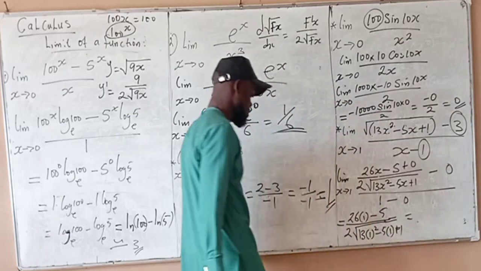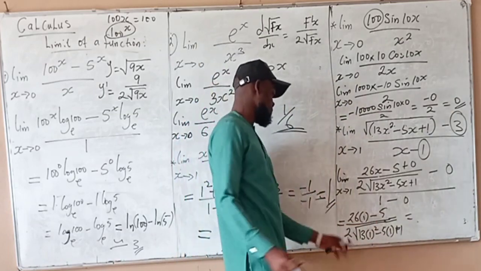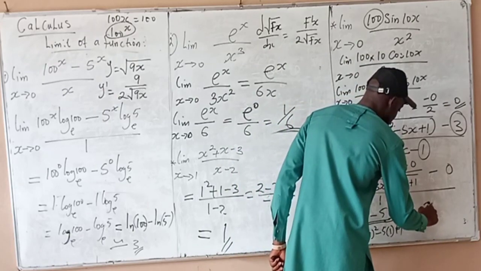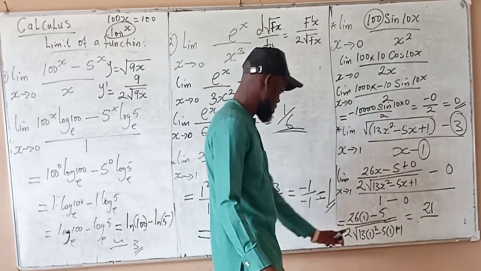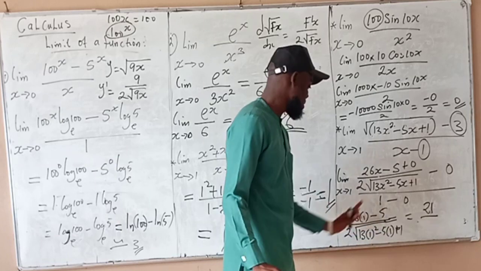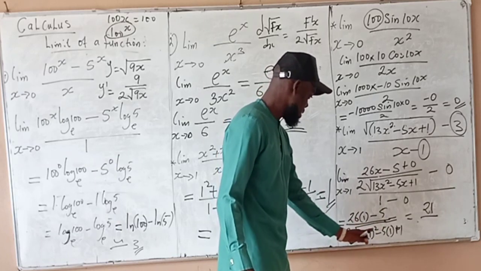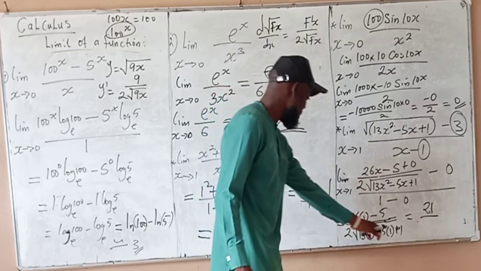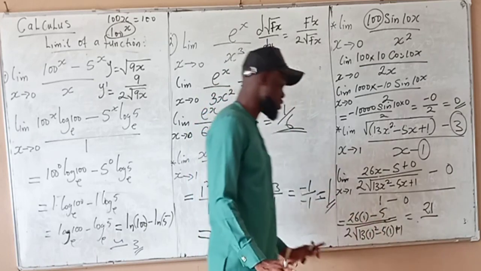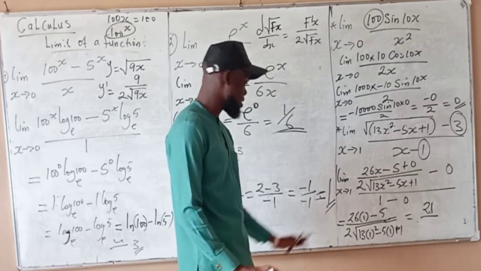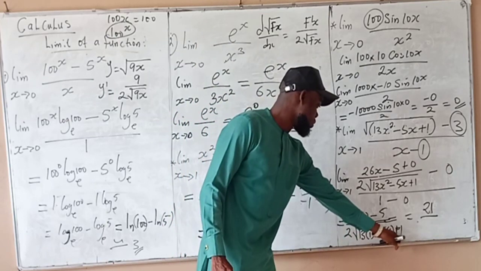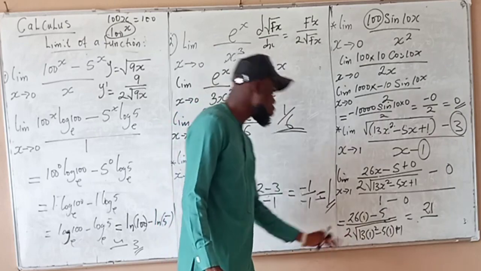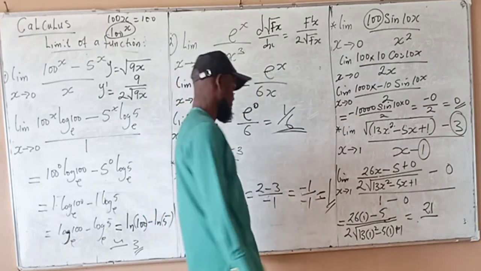So what do we get? This one, 26 minus 5. 26 times 1 is 26, minus 5 gives us 21. Divided by, that is 13 times 1 squared, that is 13. Plus 1, that is 14. 14 minus 5 gives us 9. Now everything here is going to give you 9. The square root of 9 is 3. 3 times 2 will give us 6.